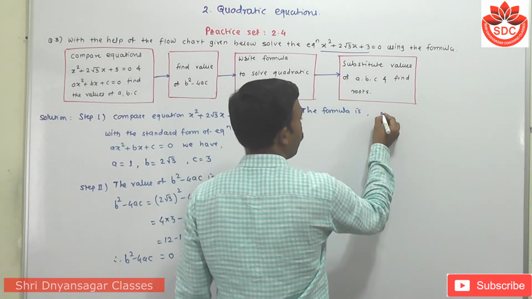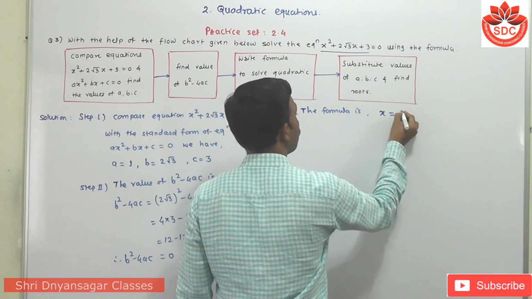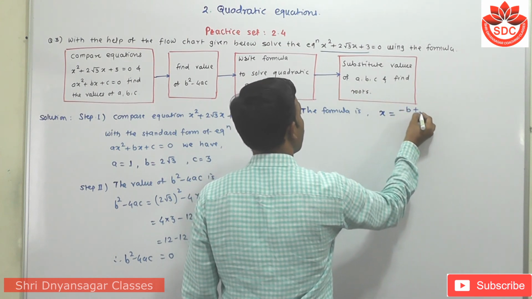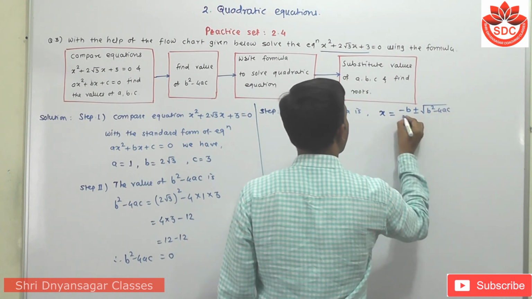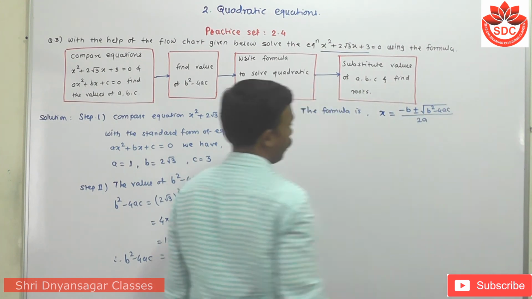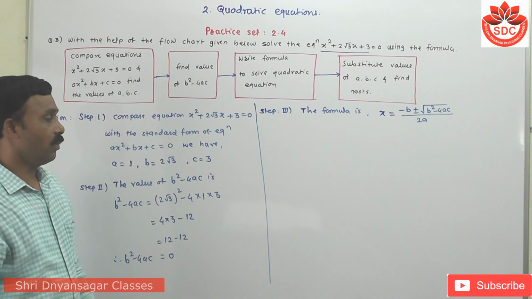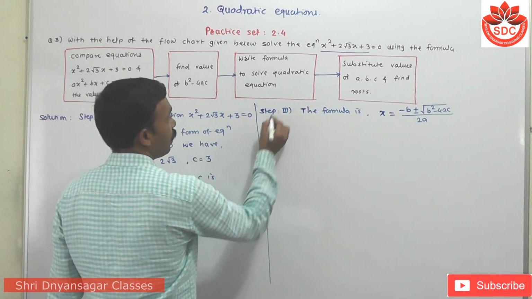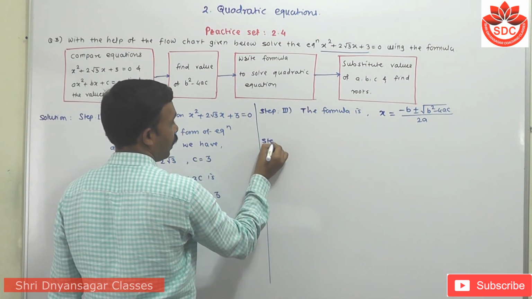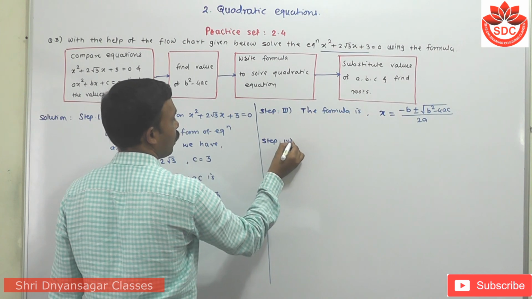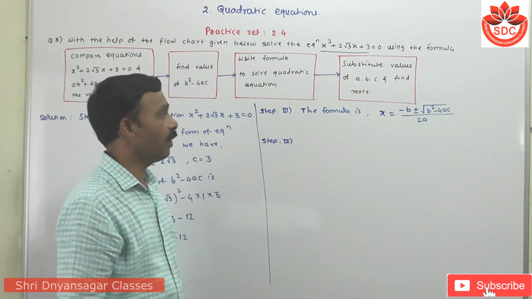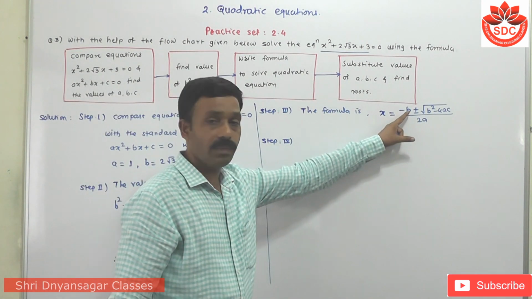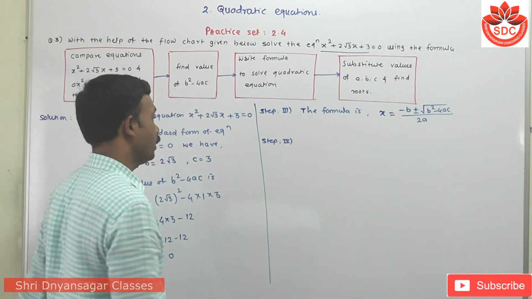So I write here x is equal to minus b plus minus root of b square minus 4ac upon twice a. This is the formula. Then the last step, step fourth: substitute the values of a, b, c and find the roots. We have to substitute the values of a, b, c here and find out its roots also.